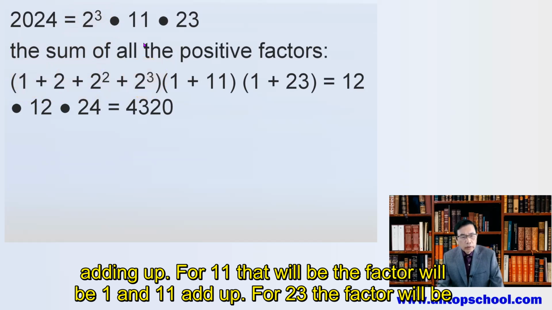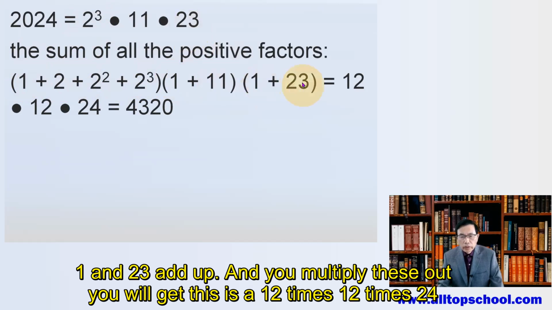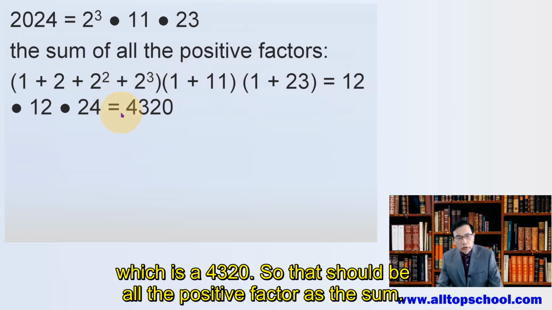For 11, the factors are 1 and 11. For 23, the factors are 1 and 23. You multiply these out: 15 times 12 times 24, which is 4,320. So that should be the sum of all the positive factors.